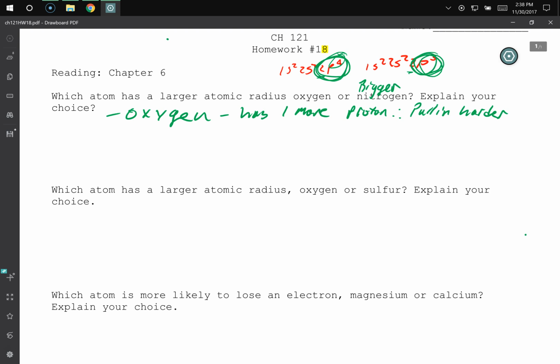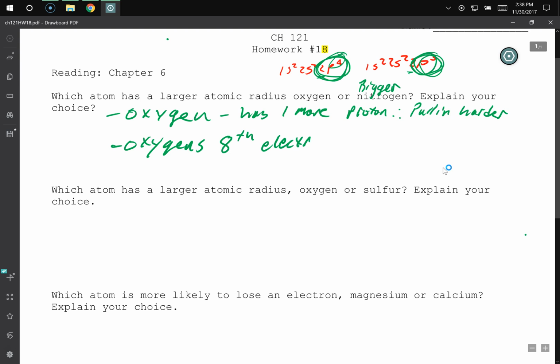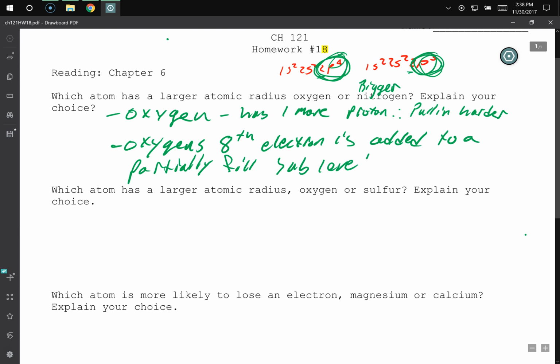So that sublevel isn't any further away than the last electron was, and the thing that's holding it all together is pulling harder. You have to have both of those things happen.